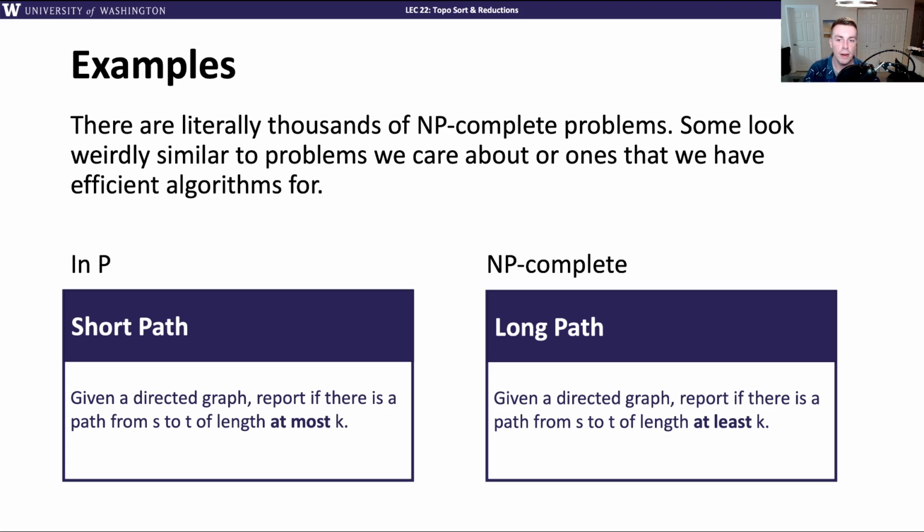Now, it's not quite fair to say it's the hardest because there are many of them, but it's at least as hard as all others. And even these tiny switches, even though they should theoretically not make a big difference in how hard the problem is to solve, really do. There is no efficient algorithm to solve this long path problem that we know of yet, but we haven't proved that it doesn't exist yet.